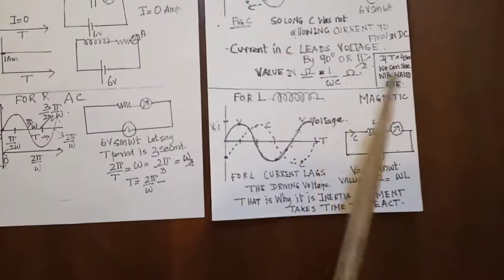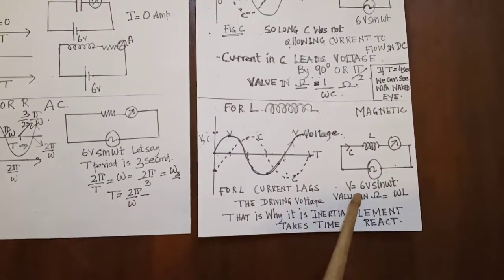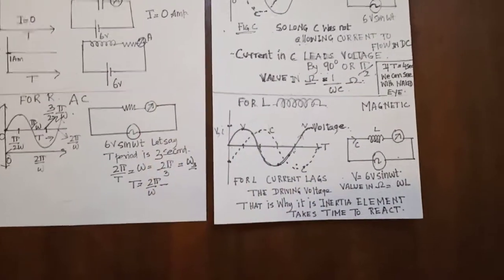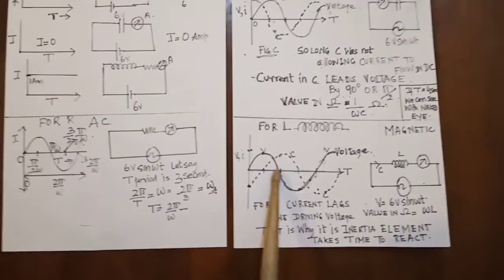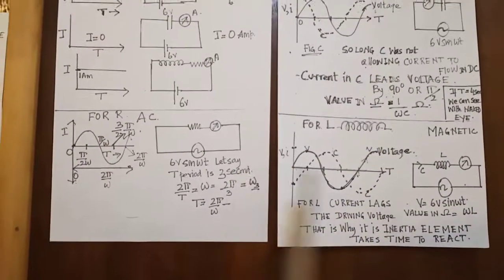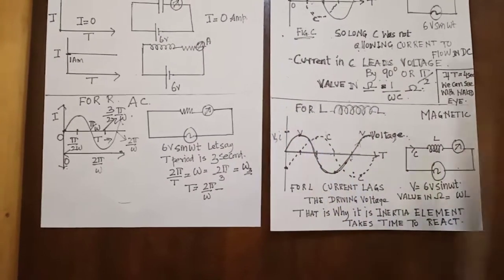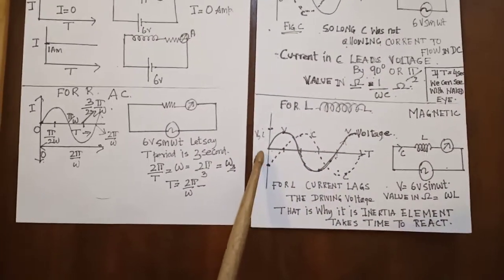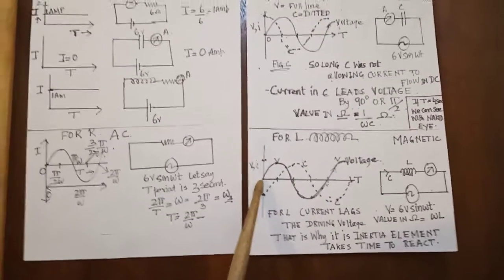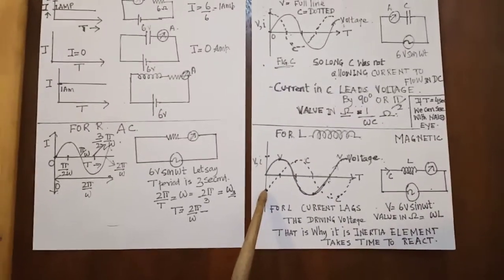There will be a flow of current, but see, this is the applied voltage, 6 volt sine omega t, a very slow oscillation. And now what happens to the current in this case? The current also will be moving up and down, and when the voltage is 0, the current is not at 0, it is still in the minus.